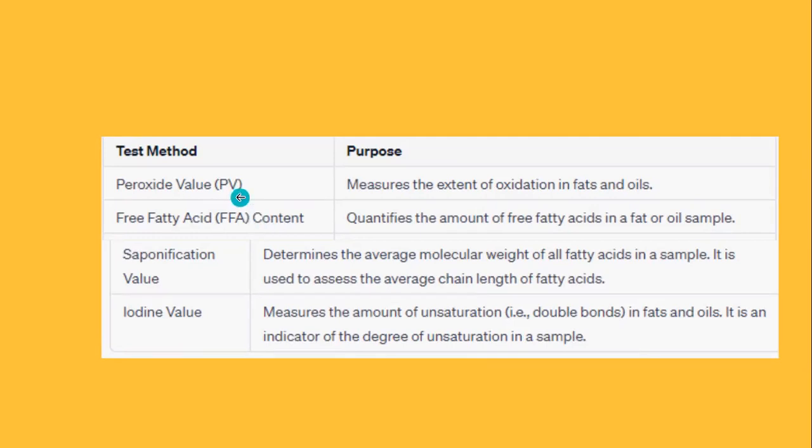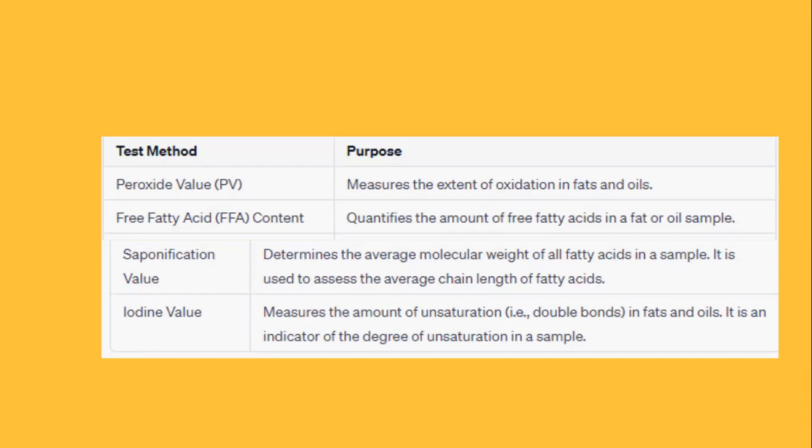What is peroxide value? It measures the extent of oxidation, whether the fat is oxidized or not. This is very important from a food safety point of view. For example, if you have noticed street food vendors like vada sellers, their oil will be black in color because they keep reusing it.